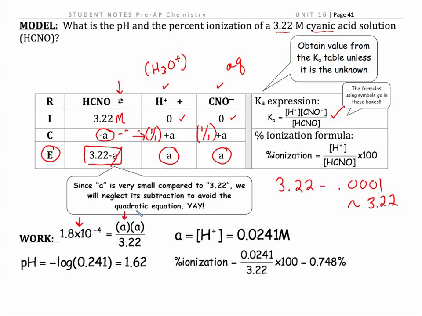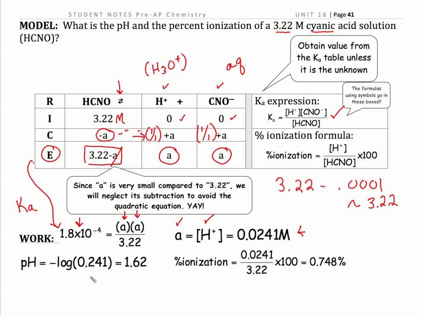In place of the H plus, I put A. In place of the CNO minus, I put A. So do you notice what I'm doing is I'm taking all those values from the E and I'm plugging them into the Ka expression.